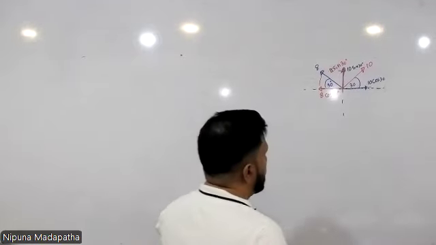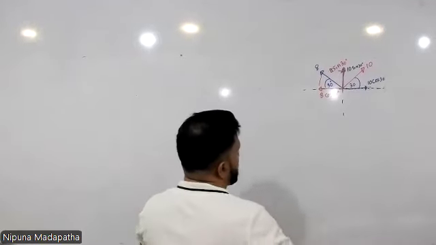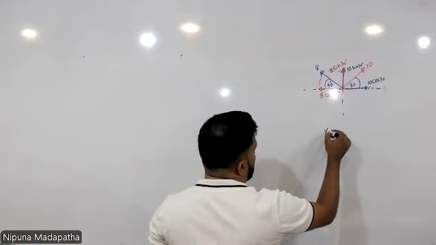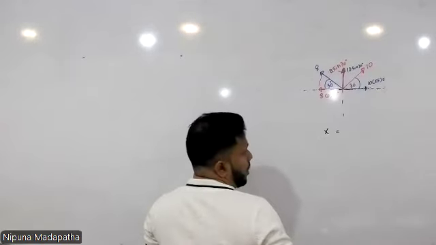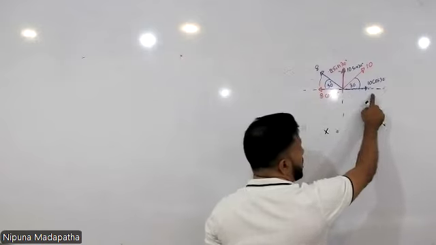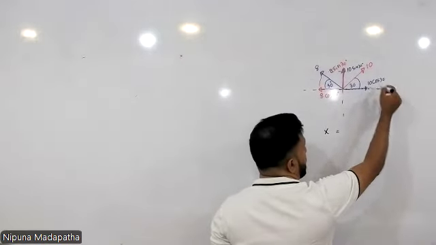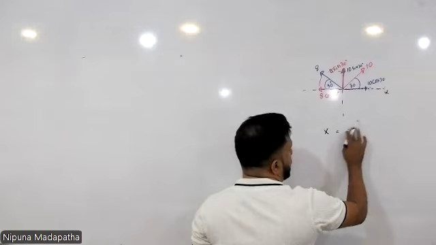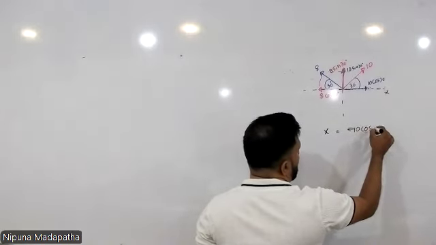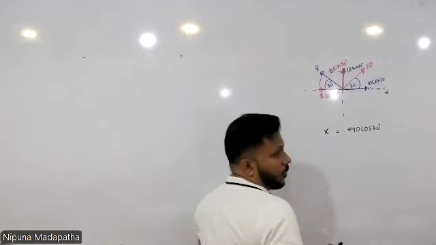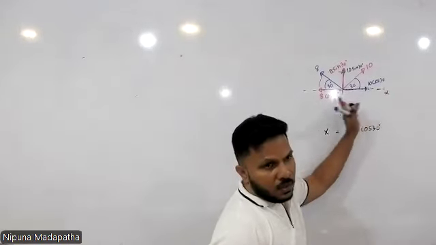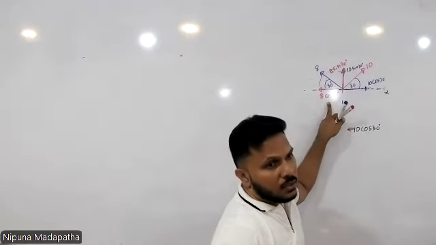Now take the x components. This 10 cos 30 is along the positive x direction, so it is positive. What about this 8 cos 30?